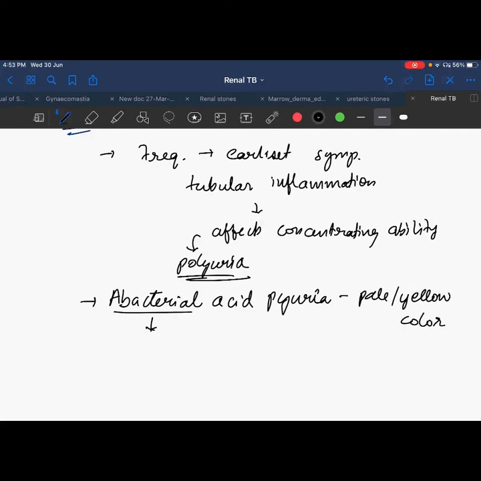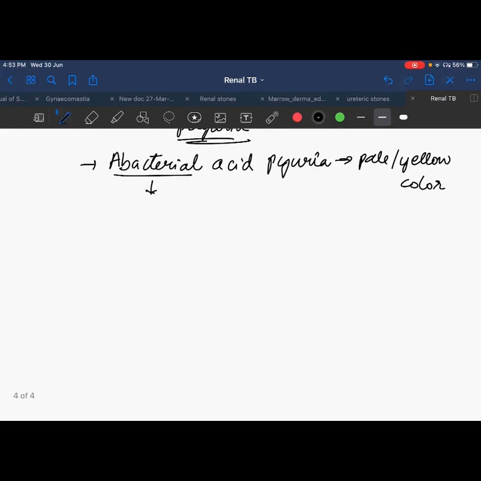And it will be pale yellow in color. This is what we call abacterial acid pyuria. Why pale yellow color? Due to pyuria, due to pus. So the name is self-explanatory. Abacterial acid pyuria.